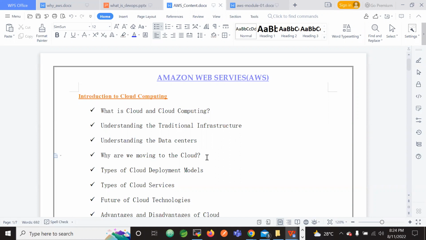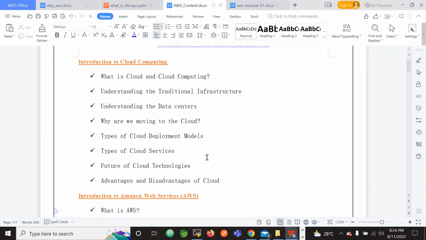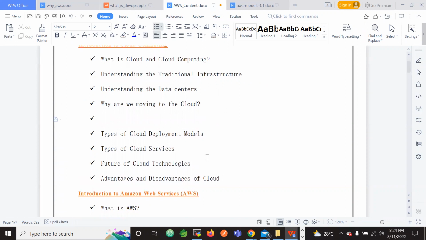So why are we moving to the cloud? Then the types of cloud deployment. After this, we will discuss cloud platform architecture and cloud providers. Why do we need to understand this? I keep saying the words AWS, GCP, Azure, DigitalOcean, or any other clouds you know.